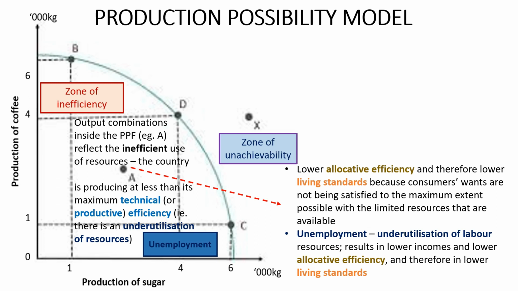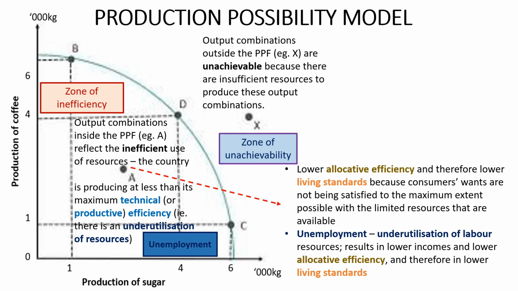This then brings us to output combinations in the zone of unachievability, such as point X, where the country would be producing 7,000 kilograms of sugar and 4,000 kilograms of coffee. The country simply does not have the resources to produce output combinations that are outside the production possibility frontier.